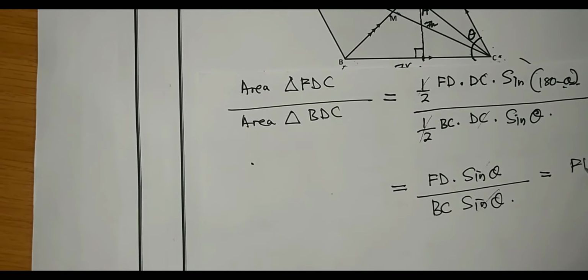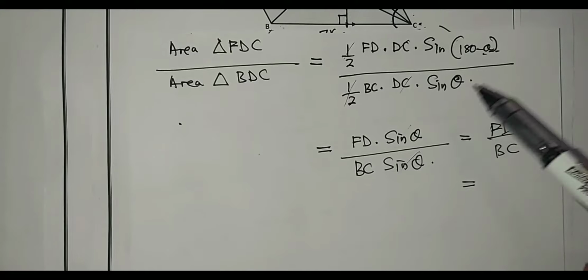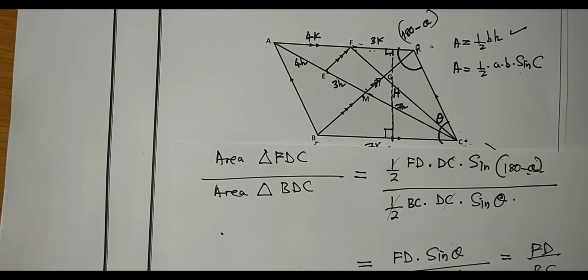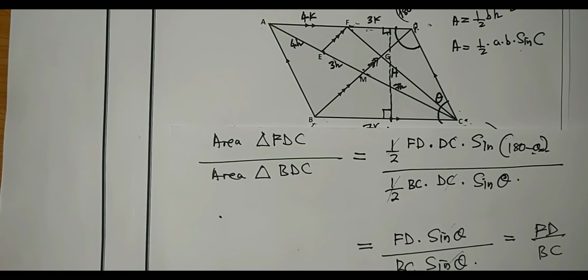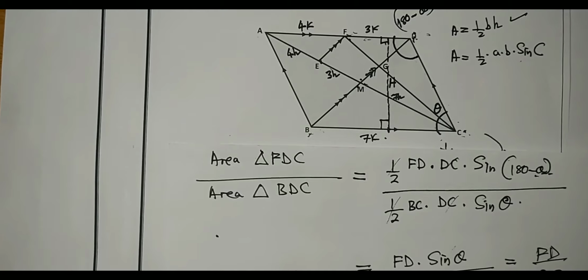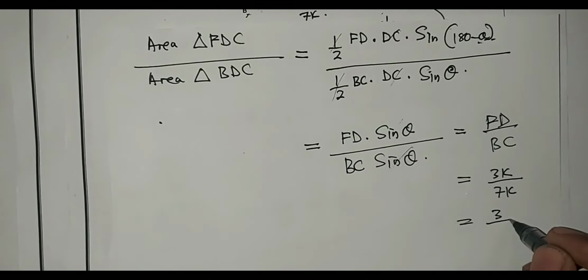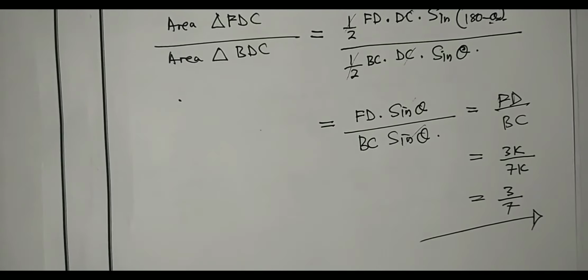Then I'm left with FD over BC, which is equal to FD, you can see is 3K, so it will be 3K over BC, which is 7K, which is equal to 3 over 7. Good. Thank you so much. God bless you.